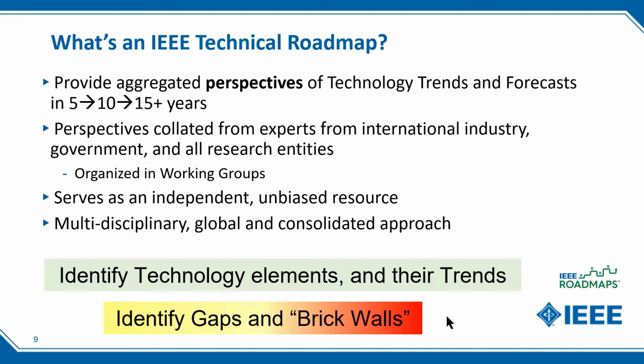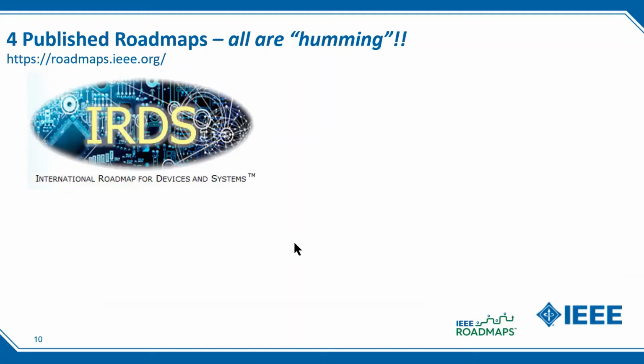And this approach, by the way, has been around in the industry for a long time. It was the precursor to what we'll show you as our first roadmap. It's been around since the early 90s, called the International Technology Roadmap for Semiconductors, ITRS. And that has now evolved to our first roadmap at IEEE, the International Roadmap for Devices and Systems.